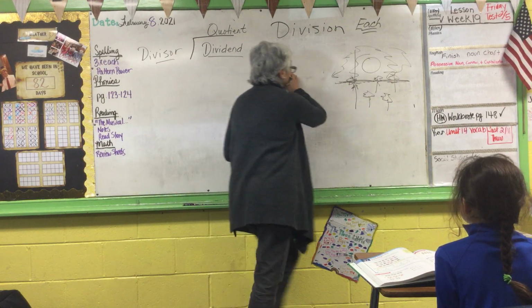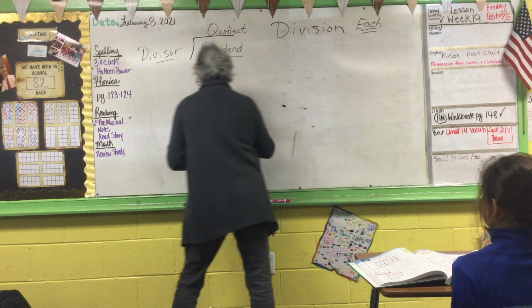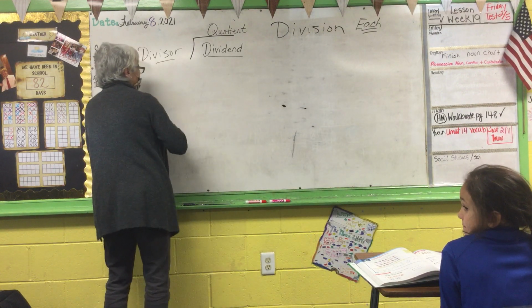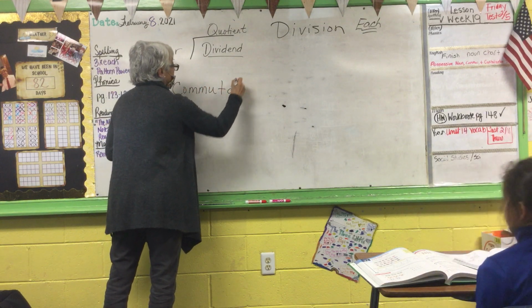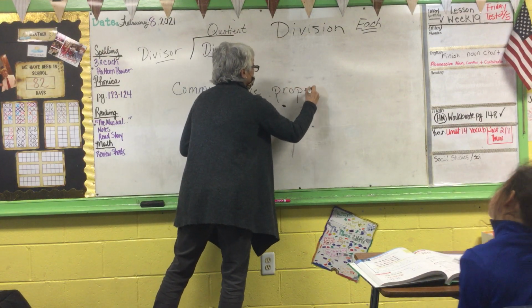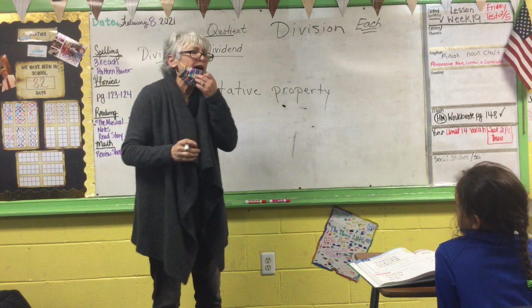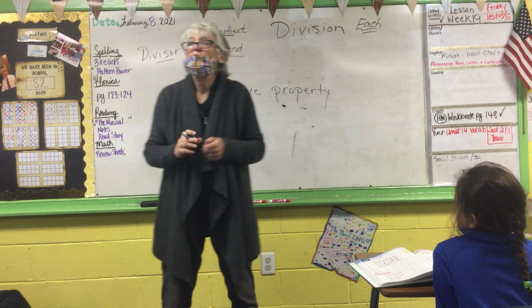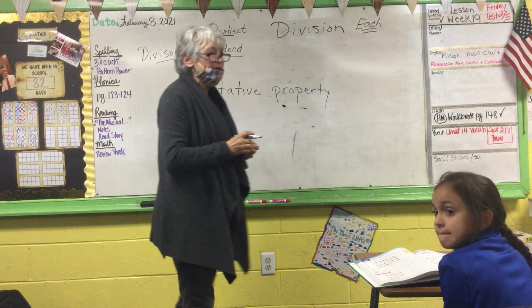I want someone to tell me what commutative property is. Commutative. So we've got to do all this before we can even really understand the division, okay? Is Aiden the only one that knows what commutative means?